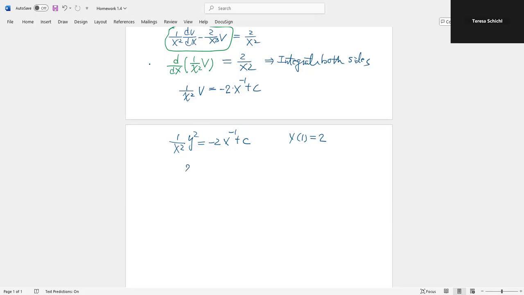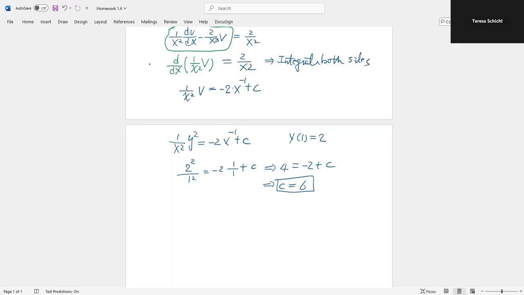So 2 squared over 1 squared equals negative 2 times 1 over 1 plus c. So I get 4 is equal to negative 2 plus c. So what is my c value? My c value will be equal to 6.